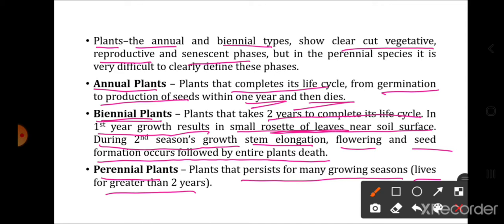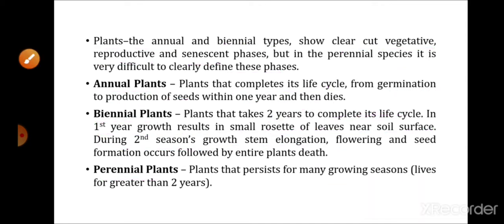But in the case of perennial species, it is very difficult to clearly define these phases, because perennial plants live for more than 2 years.